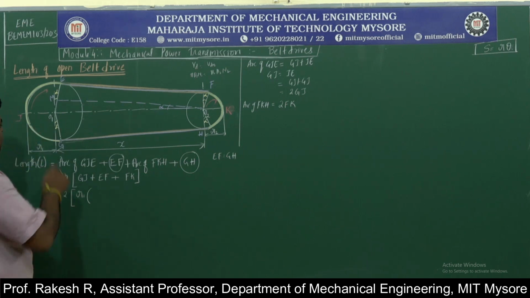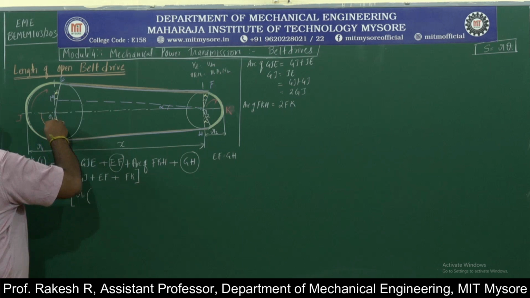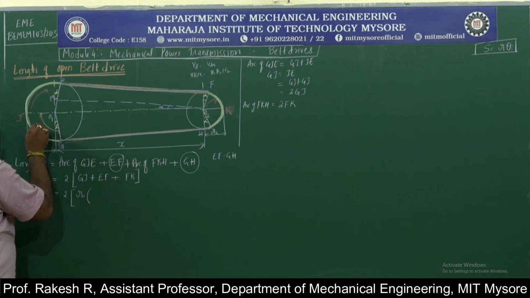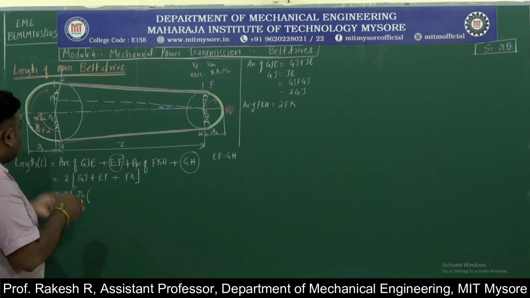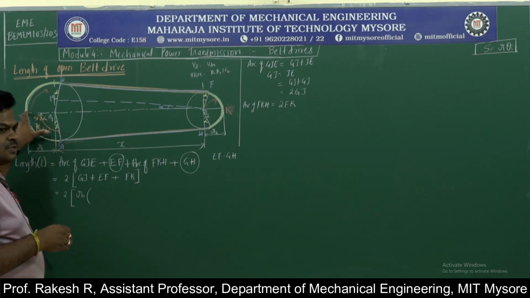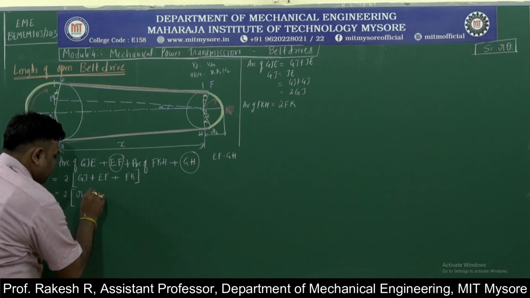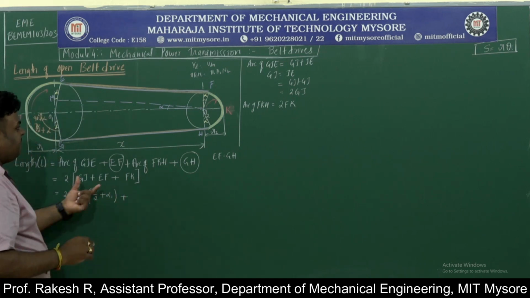Theta is nothing but, I have to take angle here to here. So this is nothing but pi by 2, 90 degree plus alpha. So 90 degree plus alpha is nothing but the angle across this length GJ. Pi by 2 plus alpha 1 plus EF.